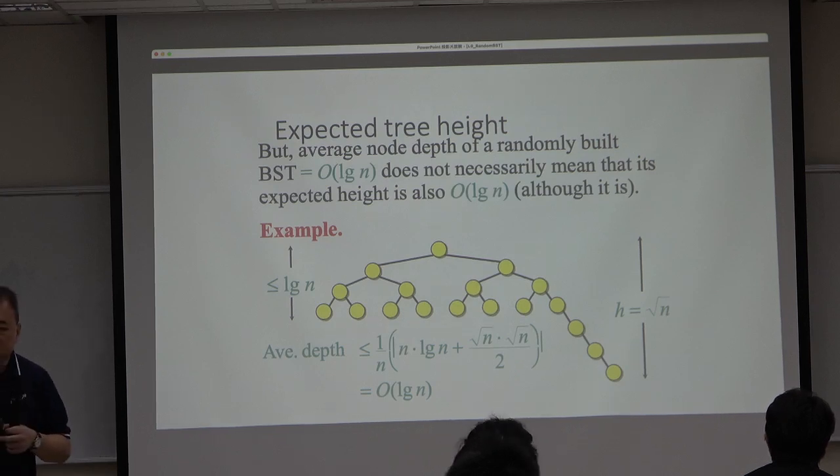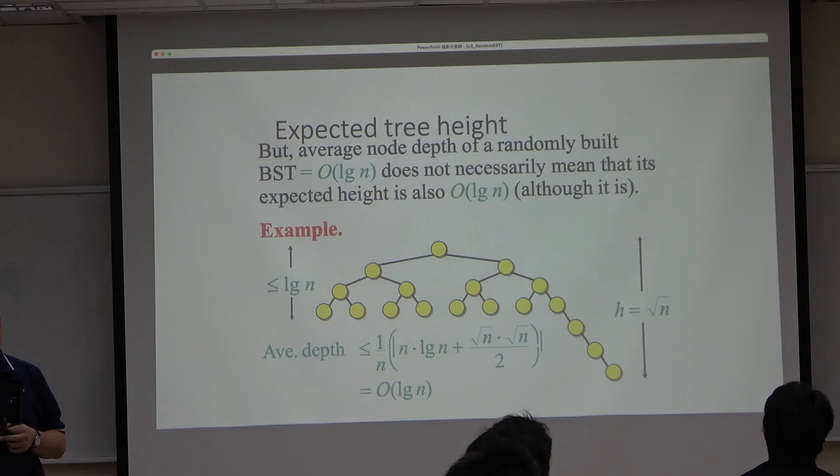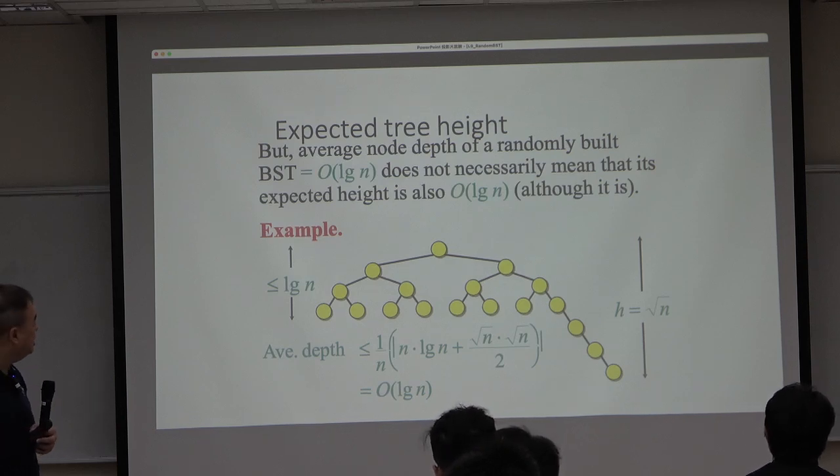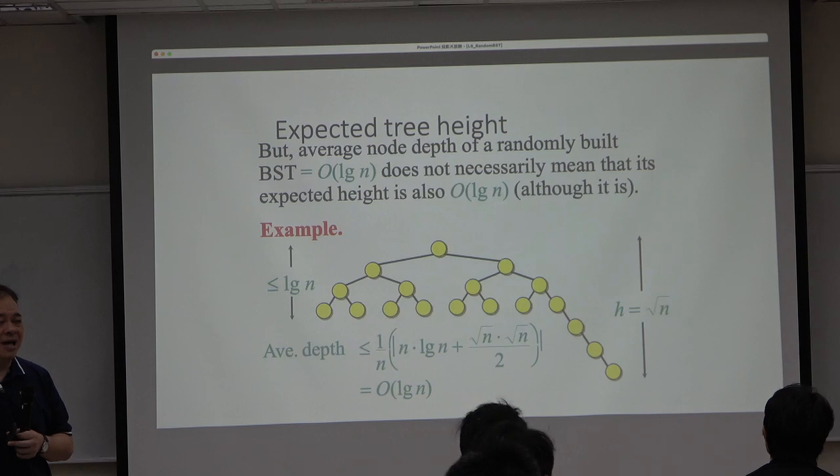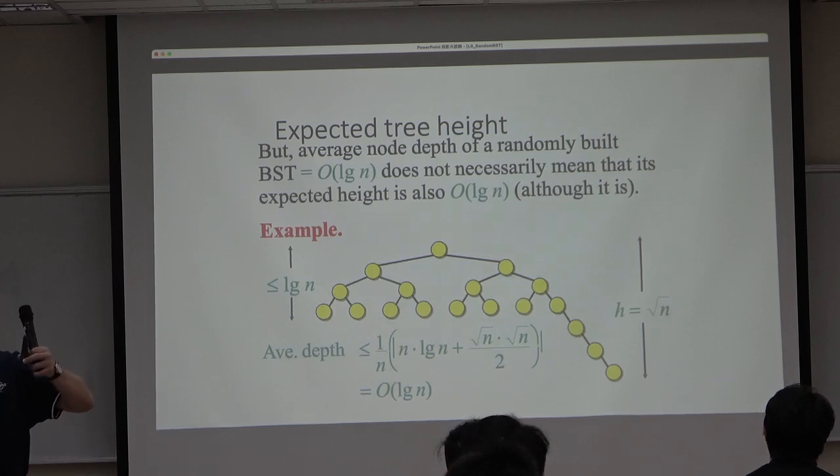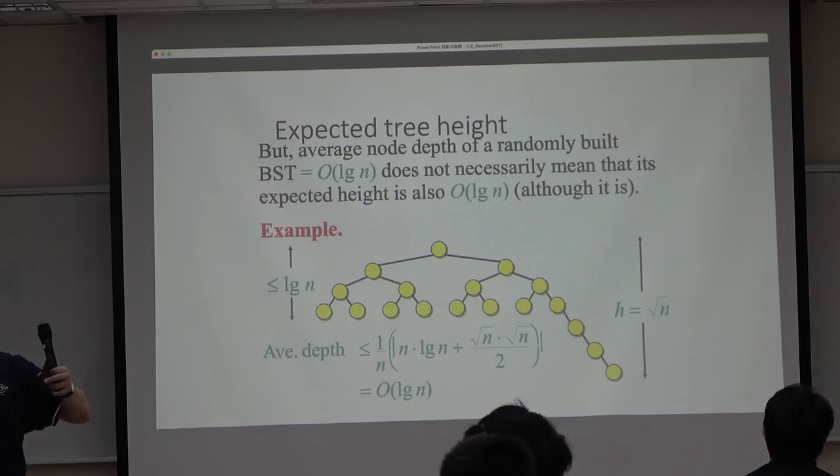What is the difference? The average depth of a node is different from the height of a tree, because the height of a tree is dominated by the largest depth. It is not dominated by the average.